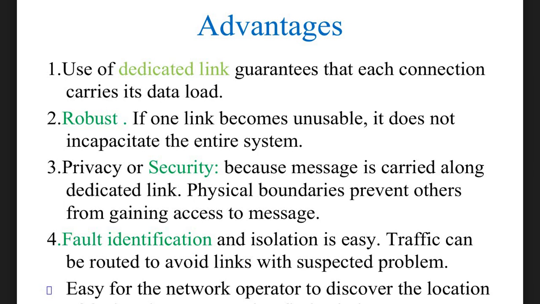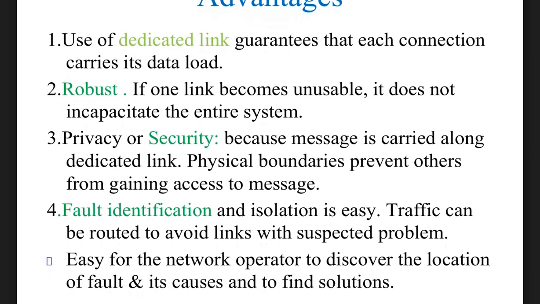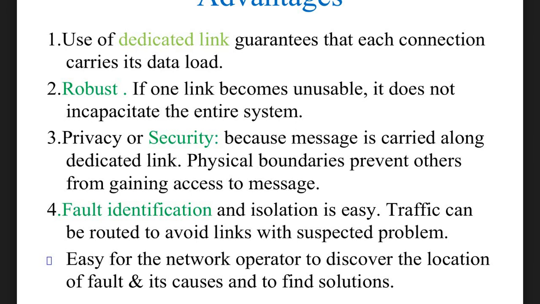If I don't want to use that link, I can isolate it easily. Traffic can be routed to avoid the links with suspected problems. It is easy for the network operator to discover the location of the fault and its causes and to find the solution, so it will be easy to find a fault and fix it soon.